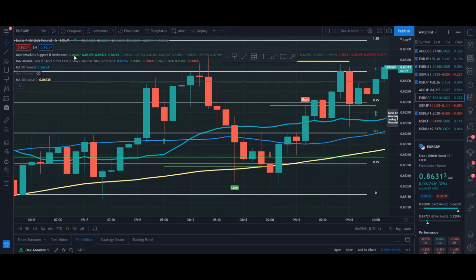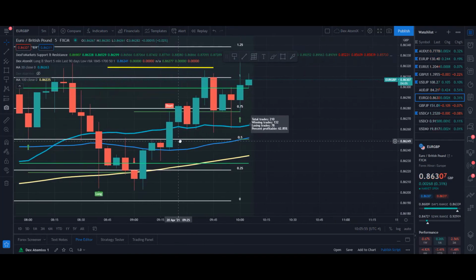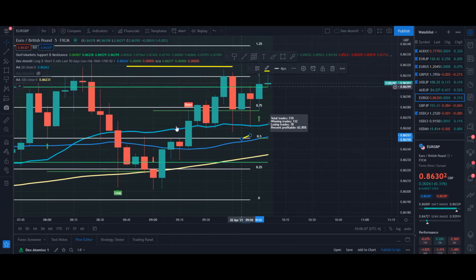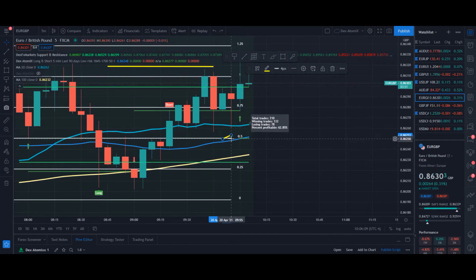Now, where would I place, for extra bonus points today, would I use the 86.25 area, which is right here? Would I allow that to be my level that I would work with?